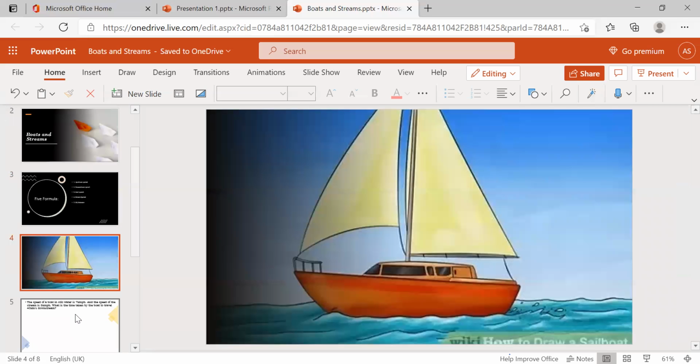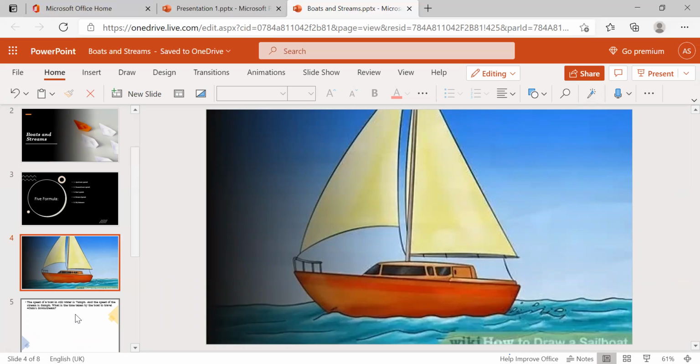Suppose a boat is moving in the water. That may be a river or some stream; they call it by many terms. When it is moving in a stream or in a river, the river also flows, and the stream also flows.